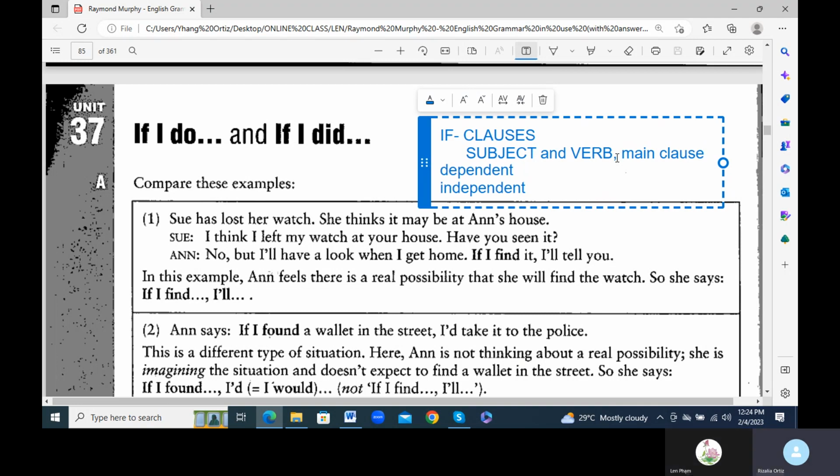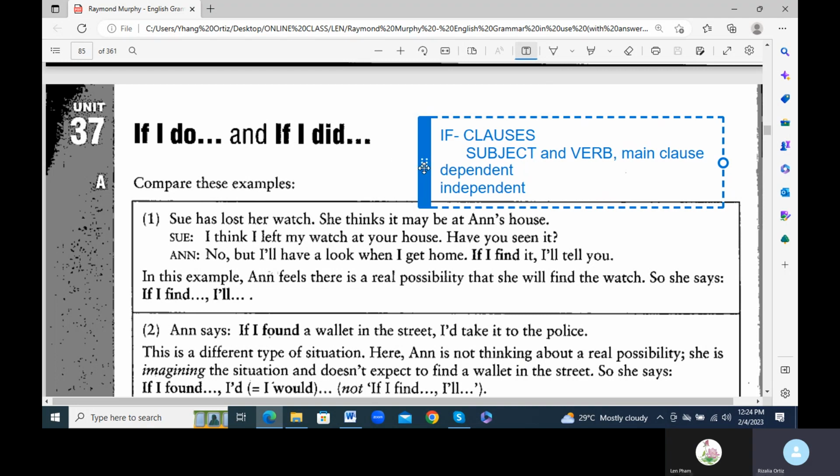So if clauses plus independent clauses form a whole, complete sentence.